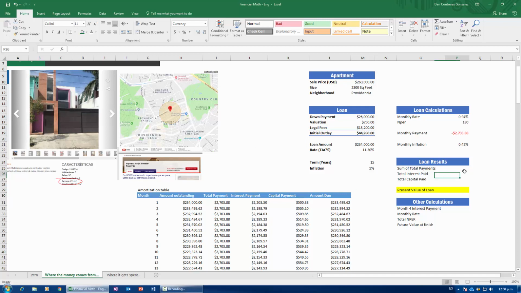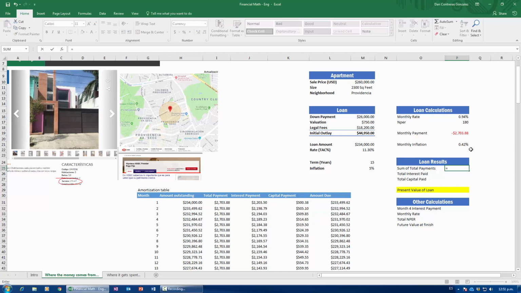Now, let's get over here to loan results. Loan results, by that I mean, I usually like to break out for my students in the classroom how much they're going to be paying in interest, in capital, and the total payments. And that's usually where they get shocked because, well, it's pretty much a lot, all right?